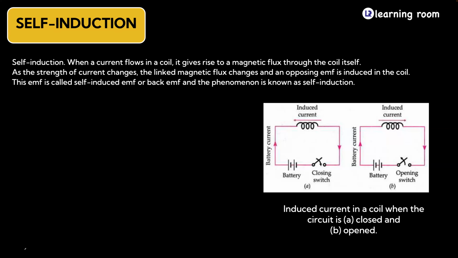So for electromagnetic induction to be produced, or EMF to get induced in a particular circuit, what is a necessary parameter? The magnetic flux should change. Am I right? So if there is a change in magnetic flux, what can you say? There is an EMF induced.